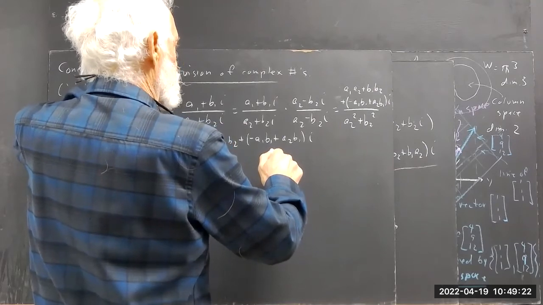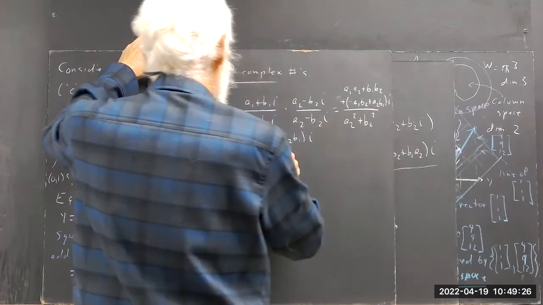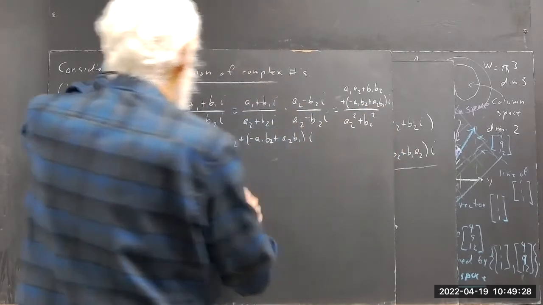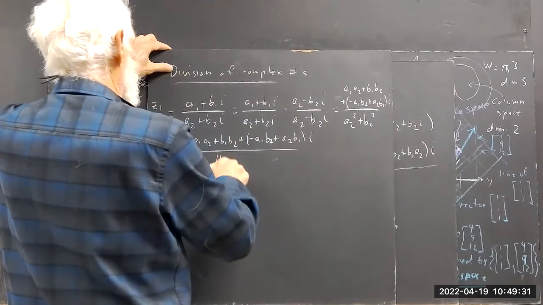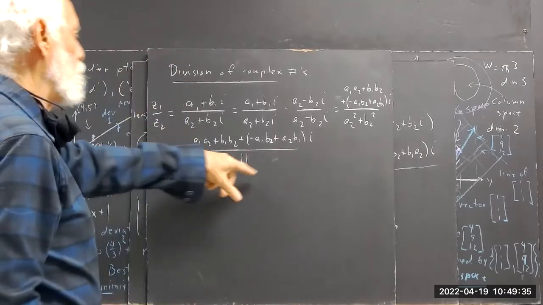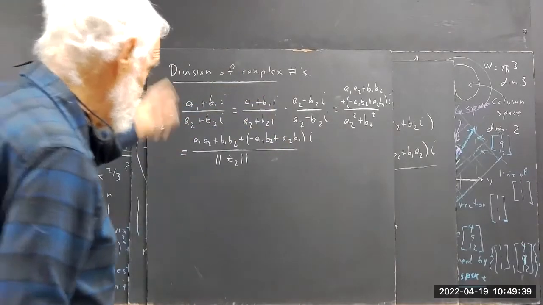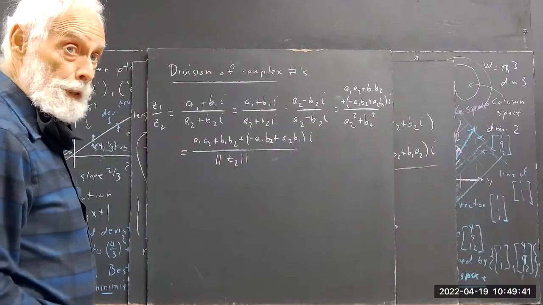I got something wrong. It should be A1 B2 here. I used norm signs. I should use a single absolute value sign. You understand what that means? Okay.